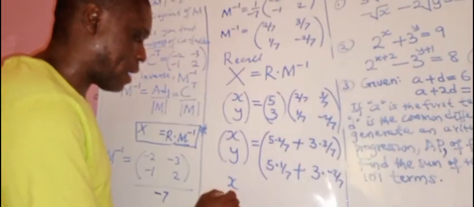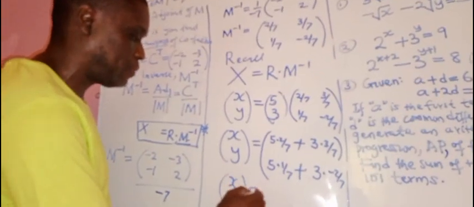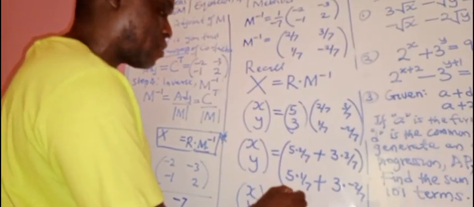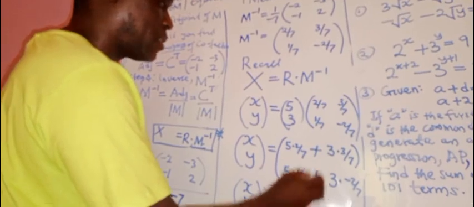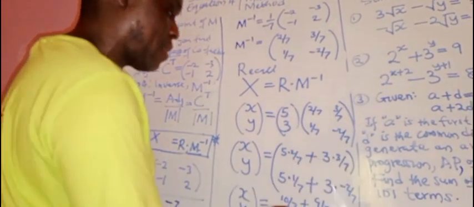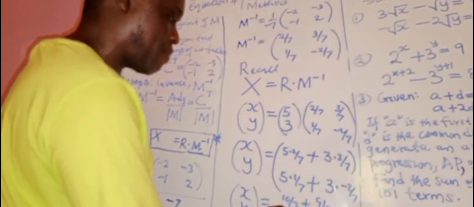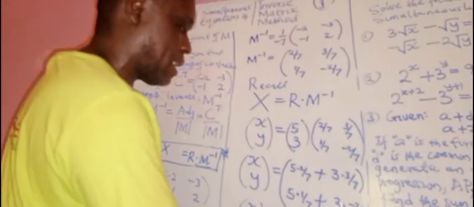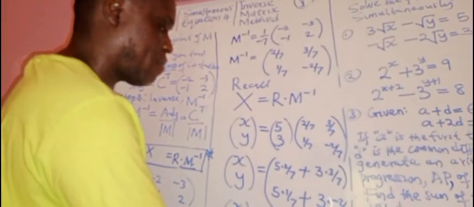So our x and y will now be this. 5 times 2 is 10/7 plus 9/7, 3 times 3. Then below we have 5/7 plus 3 times minus 2, that's minus 6/7.